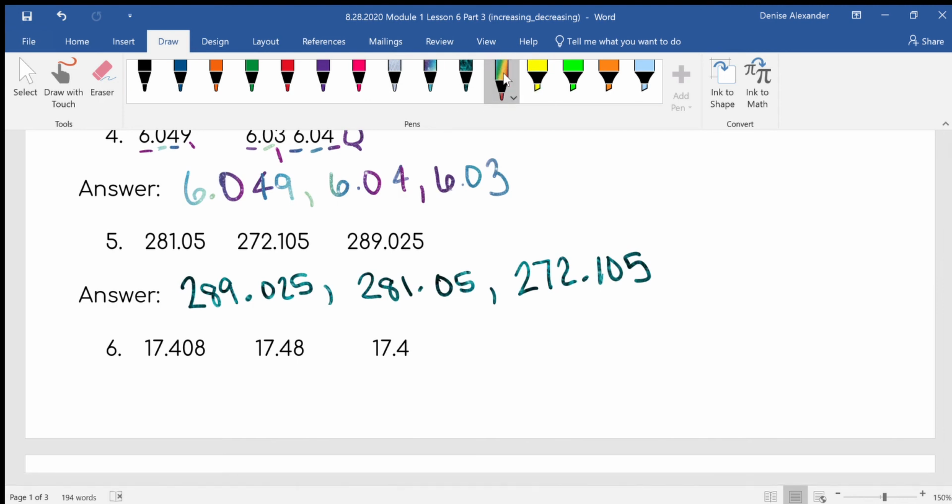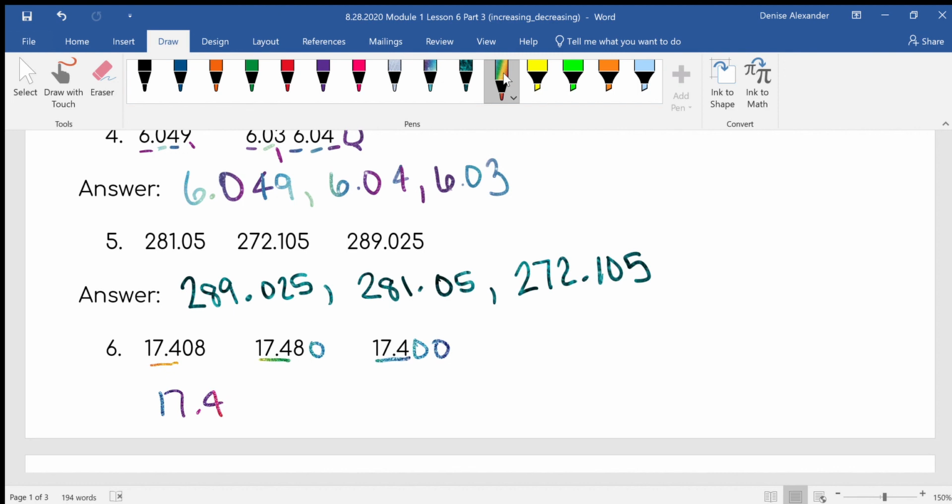Again, remember we're going decreasing, so we want the bigger number. I'm starting off with 17. I have 408 thousandths, 48 hundredths, and 4 tenths. So I'm just going to make everything look like thousandths. So it looks like I have 17.4 in all of them. 17.4, 17.4, 17.4.